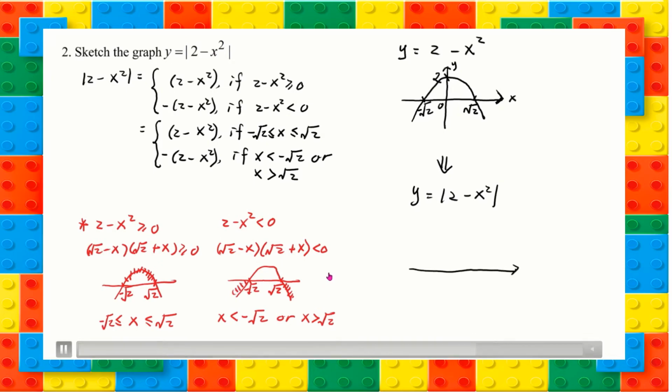Now when we look at the graph of y equals 2 minus x squared, the part of the curve which is above the x-axis will remain the same.